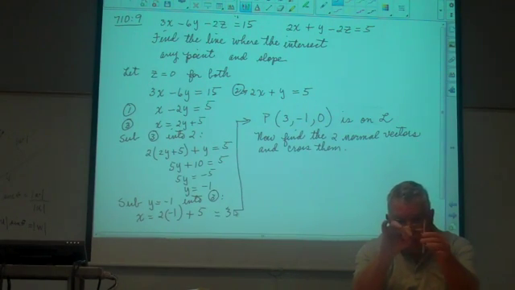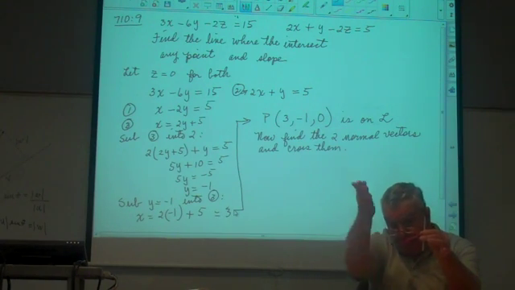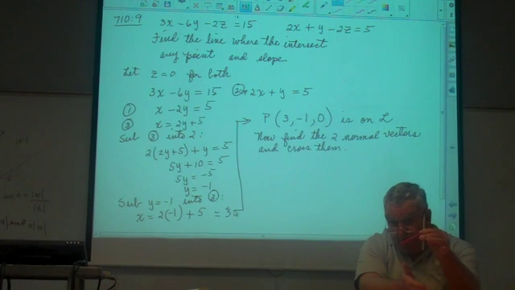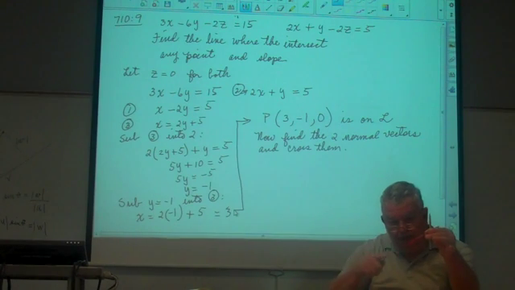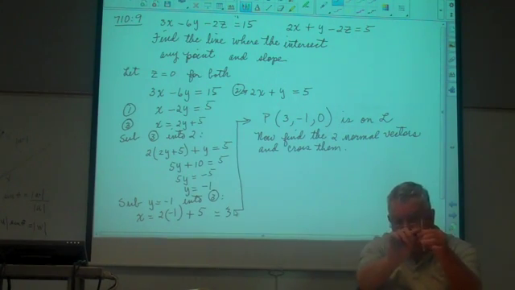So would you agree my first plane is right here and my second plane is right here? And what I'm telling you is, now I want to find a vector that is perpendicular to the plane formed by these two vectors.